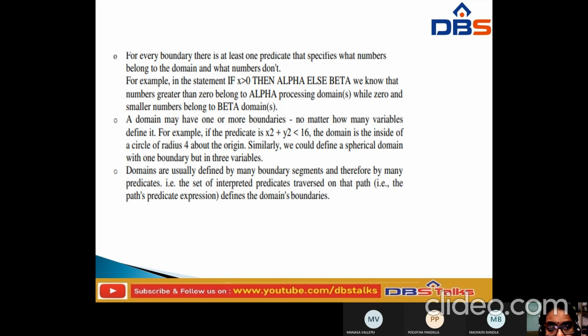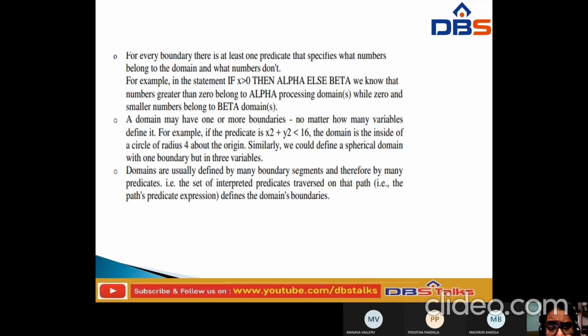We know that numbers greater than 0 belong to the alpha processing domain, while 0 and smaller numbers belong to the beta domain. So a domain may have one or more boundaries no matter how many variables define it. For example, if the predicate is x² + y² < 16, the domain is inside a circle of radius 4 about the origin. Similarly, we could define a spherical domain with one boundary, but in three variables.